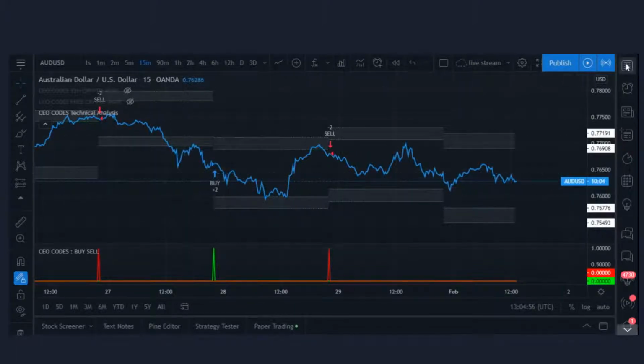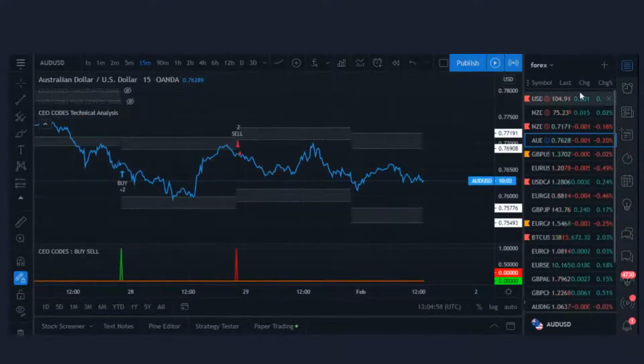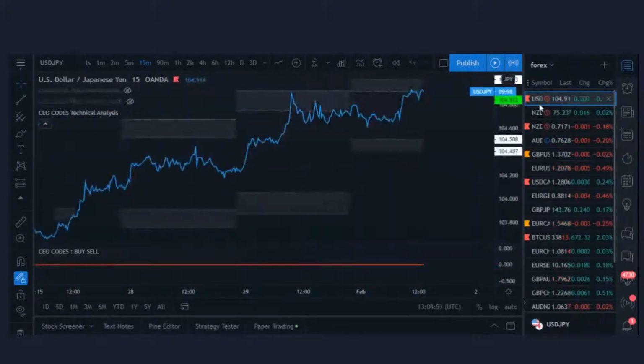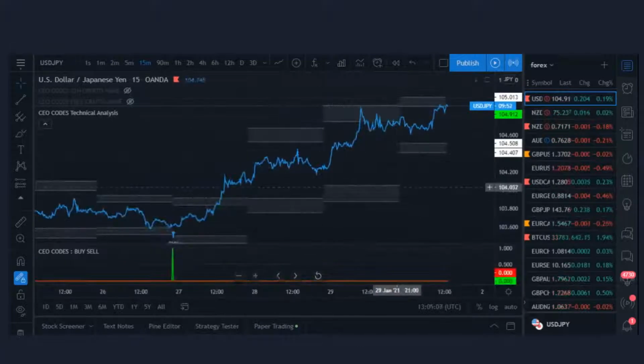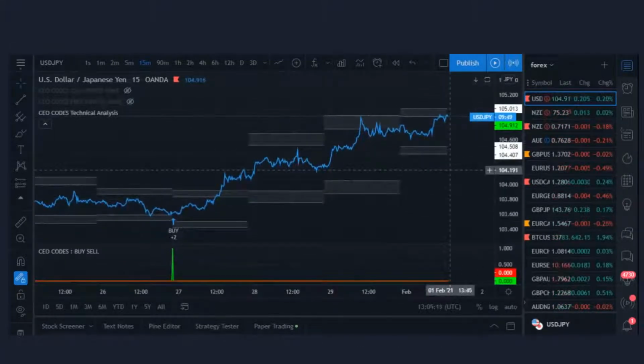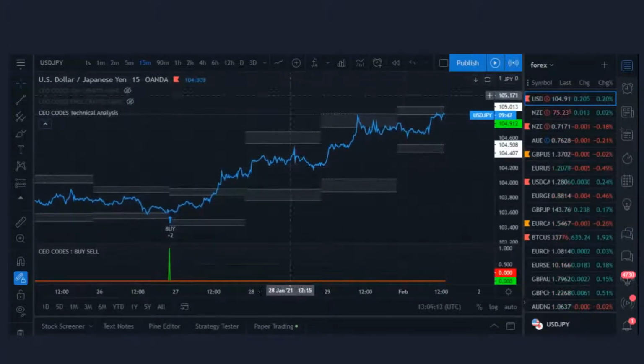We will go over AUD, USD, GBP, the Japanese yen, and we will see what happened with the open of this week.